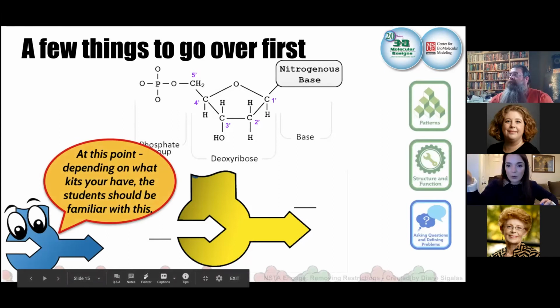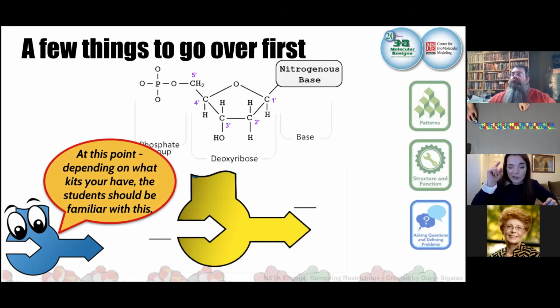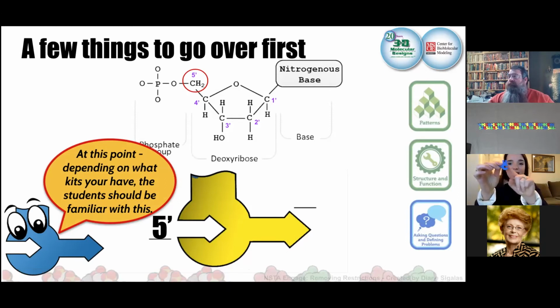Depending on where you are in the year and how many times you've used these kits, they may be all right with this. Maybe you need to do a little refresher. I always do that refresher because there's always that one kid that forgets. So the 5' end is going to be the area that has the space that's missing.